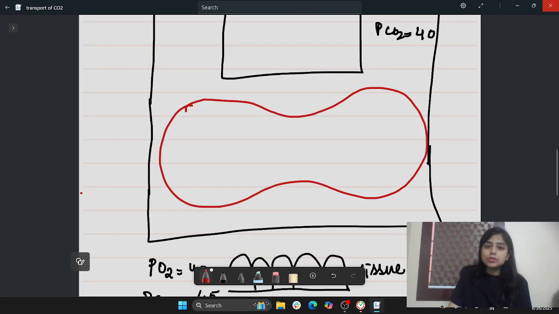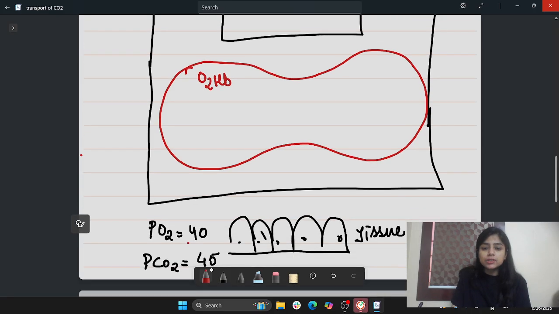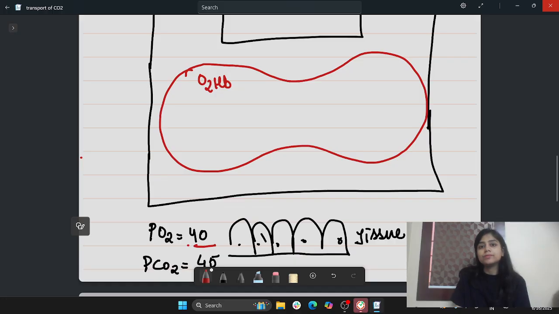Now, as you know, oxygen is binding with the hemoglobin in the systemic artery. But as we have seen, the PO2 level is just 40 and the PCO2 level is 45. That means the hemoglobin's binding affinity towards oxygen is decreasing significantly.